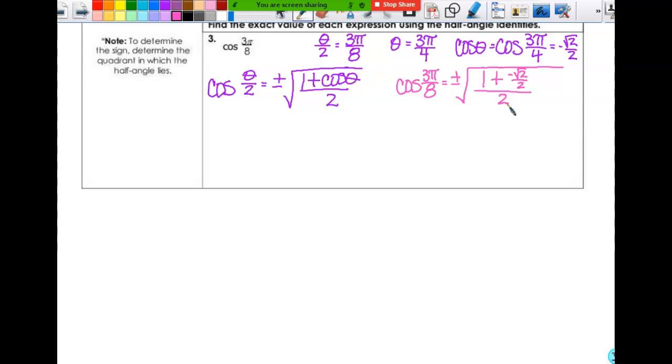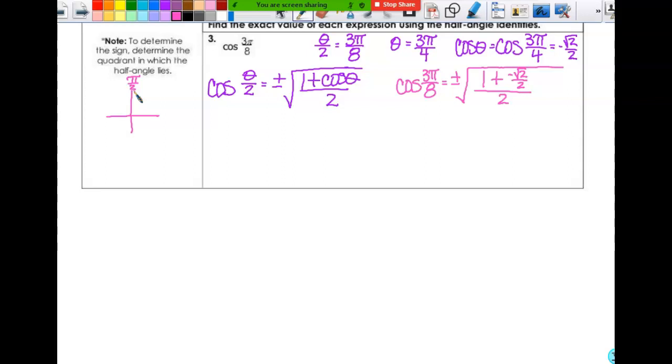Now, I have to figure out if it's plus or if it's minus. So that 3 pi fourths, I know what quadrant that's in, but that's theta. I need to know where theta over 2, or 3 pi eighths, is. So if this is pi halves, that's basically 1/2 times pi, right? So 3 pi eighths is 3/8 of pi.